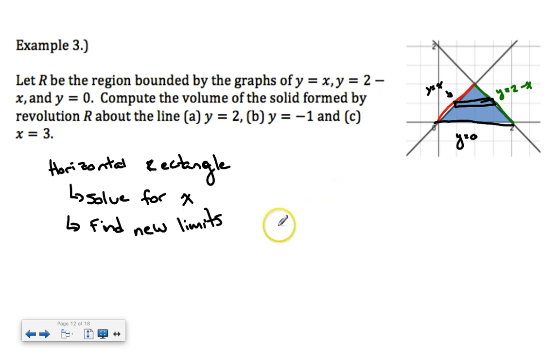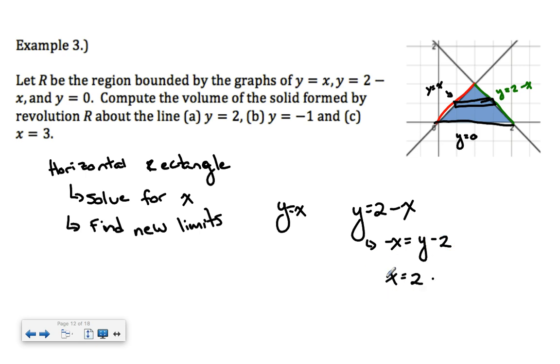So taking each curve, y equals x is actually already solved for itself, so I don't have to do anything to it. But y equals 2 minus x needs some work. Solving this for x, we should get negative x equals y minus 2, and so x equals 2 minus y.